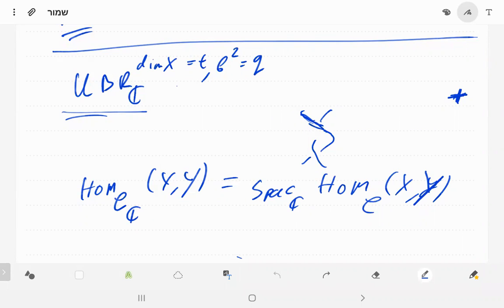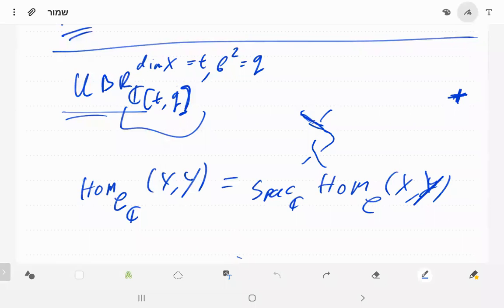Instead of doing it C-linear, you consider it linear over some ring of polynomials, in this case in two variables, t and q. And now t and q stop being specific numbers in C. They become abstract parameters, the generators of this ring of polynomials in two variables.